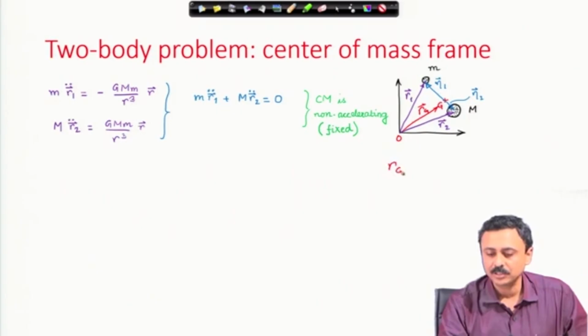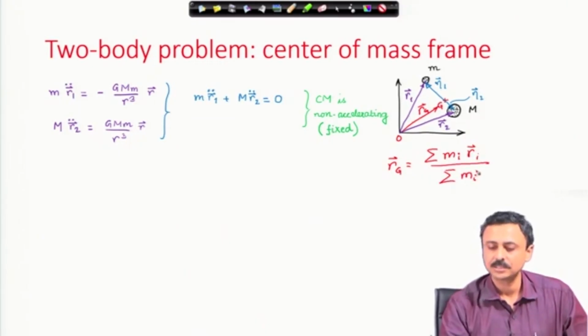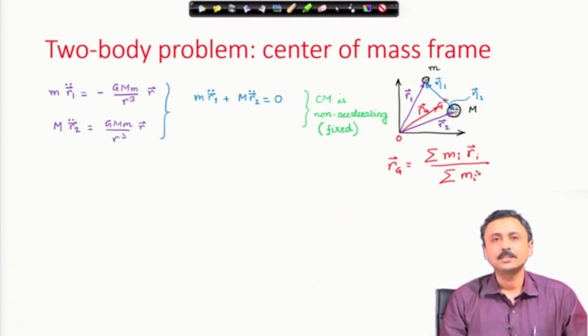Then how do you define the rg vector? The rg vector is defined as summation of mi ri vector by summation of mi.